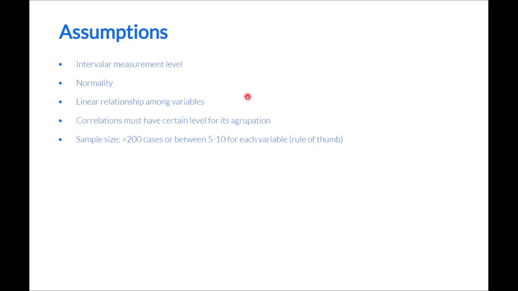And we will have another problem when we have huge samples, because the most important fit index, the chi-square, is very sensitive to the sample size. And in that case, we will always have to observe the sample size.